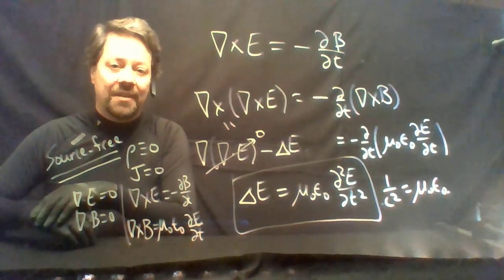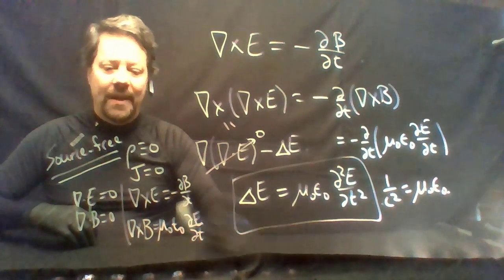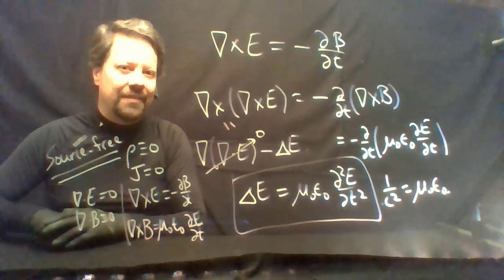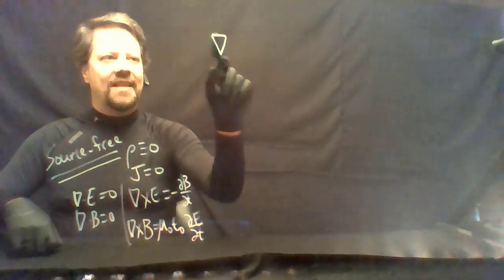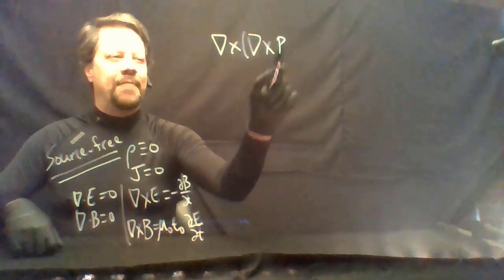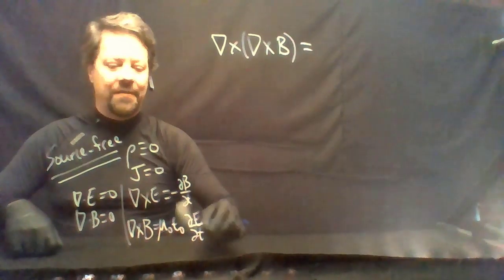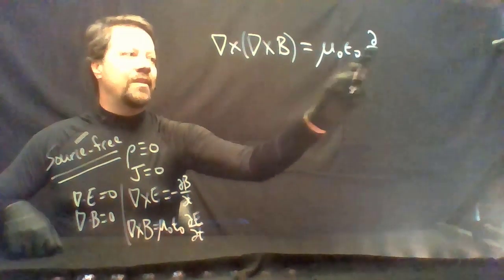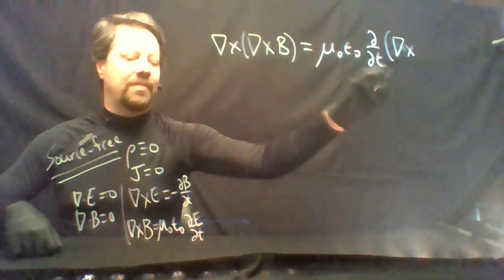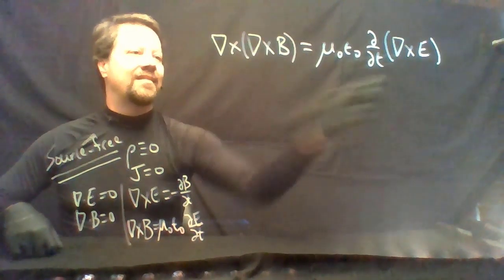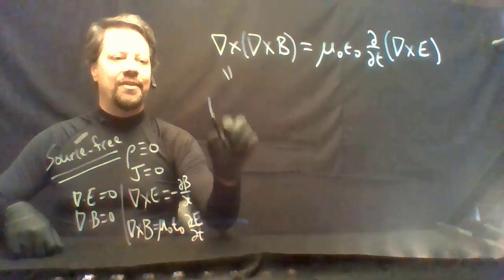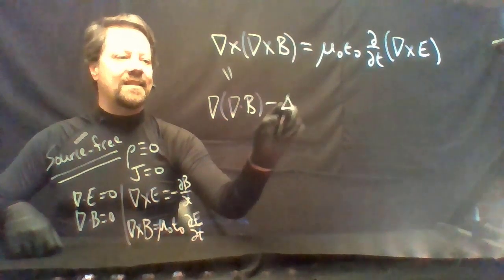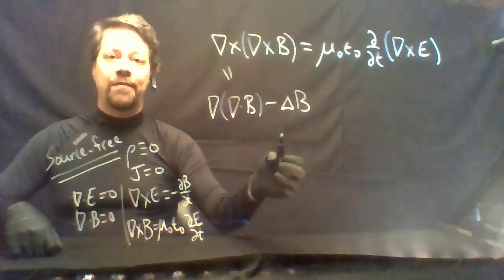By experiment, c turns out to be the speed of light. So we've seen that the electric field satisfies the wave equation. We have source-free Maxwell's laws. What about the magnetic field? We'll take the curl of B, just as we did before. That gives us mu naught epsilon naught times the derivative with respect to t of the curl of E. Now on the left-hand side, you get the gradient of the divergence of B minus the Laplacian of B, just as before.